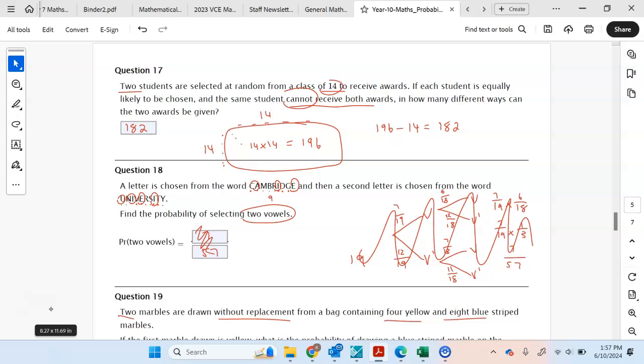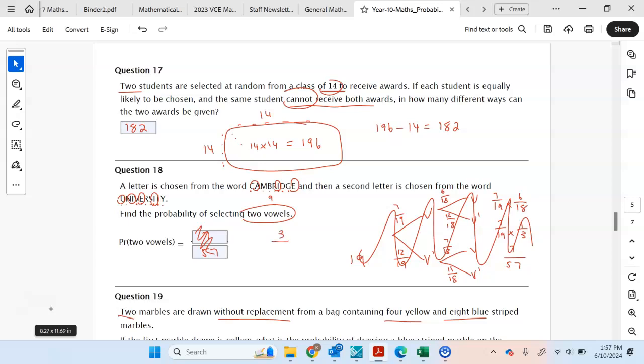All right. So a letter is chosen from the word Cambridge, and then a second letter is chosen from the word university. I actually combined the two words. If you look at my scribbled out tree diagram, I realized there were 19 letters in total and added up all the vowels, instead of treating them as separate words. For Cambridge, there are 9 letters, of which 3 are vowels.